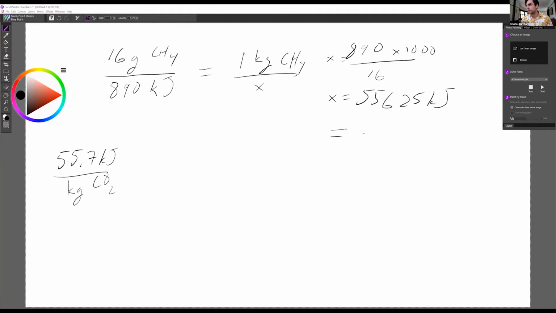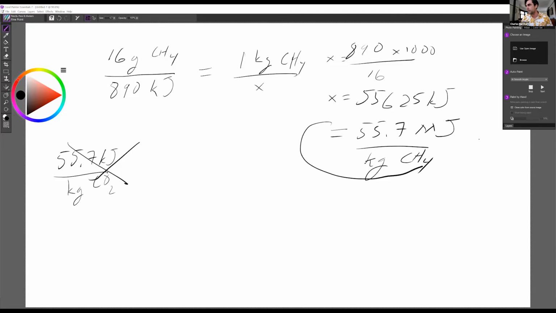So this is 55.7 megajoules per kilogram of methane. So this is wrong, and this is the energy intensity or energy density of natural gas.